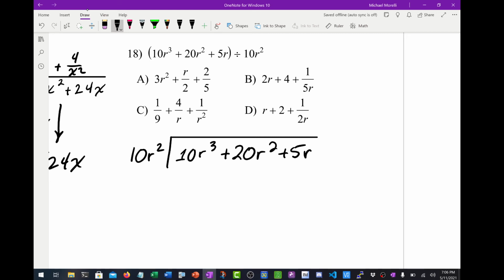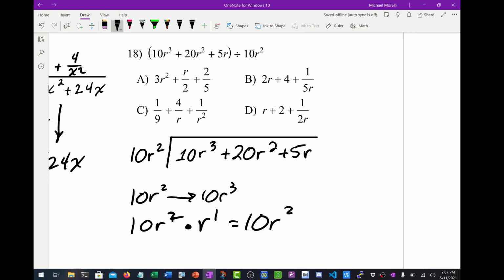Okay, so our first task is to turn 10r squared into 10r cubed. Wow, compared to what we just did, this is way easier. We have 10r squared multiplied by r to the first. That will give me 10r raised to the power of 2 plus 1, which is 10r cubed.